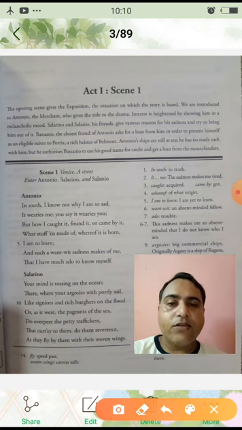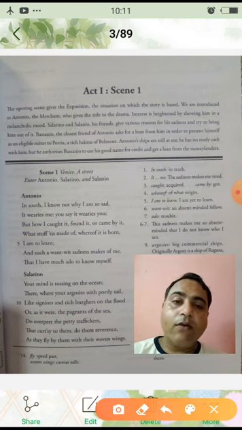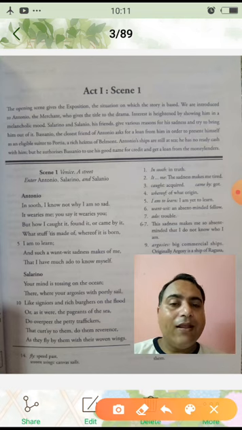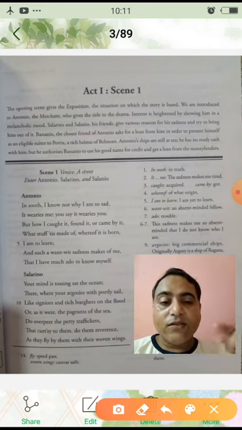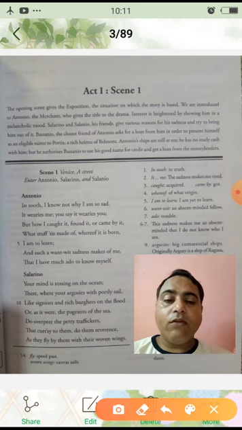But he authorizes Bassanio to use his good name for credit and get a loan from the moneylenders. Antonio tells Bassanio that he can go to the Venice market and seek any moneylender, and if he is ready to give a loan on Antonio's good name, then he can do so.